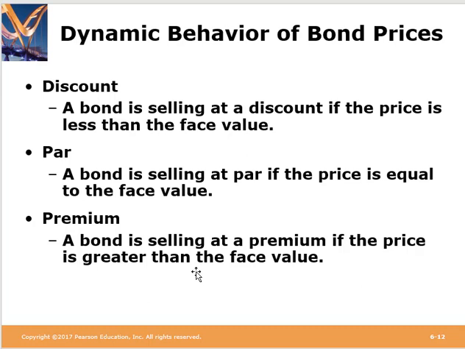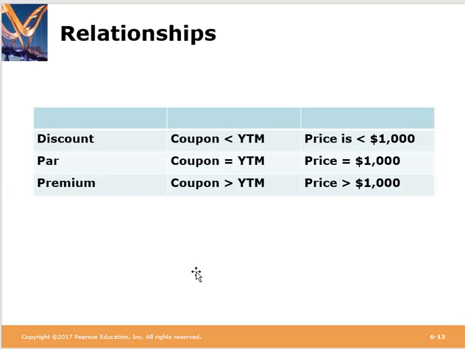So what is the importance of these terms? Well, in reality, there's no importance. This doesn't talk about bonds that are good or bad bonds. It just talks about the relative position of price to the face value of a bond. So let's think about how we might make some sense of these relationships. If a bond is selling at par, the coupon is exactly equal to the yield to maturity.